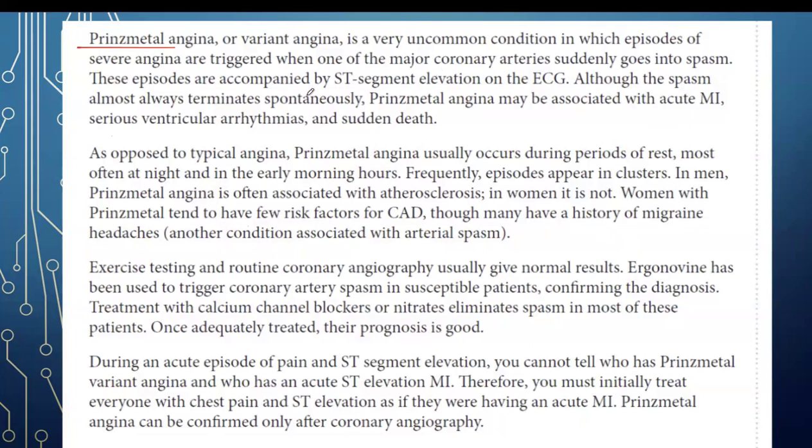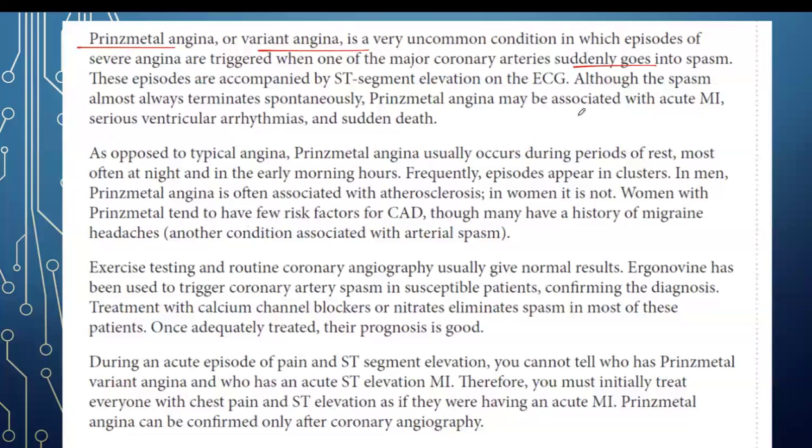So Prinzmetal angina, or variant angina, is a very uncommon condition in which episodes of severe angina are triggered when one of the major coronary arteries suddenly goes into spasm. So it is nothing but sudden coronary artery spasm.